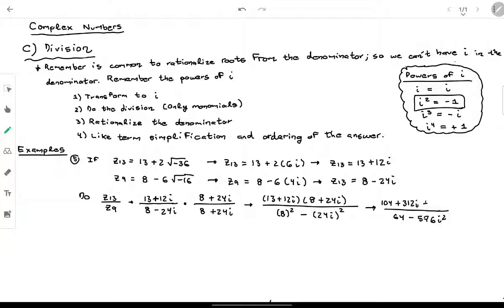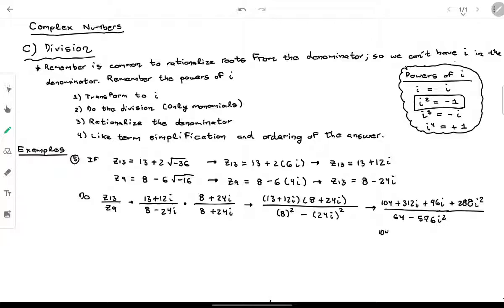Then it's going to be plus 12 times 8. 12 times 8 is going to be 96i. And finally, 24 times 12, it's going to be 288 i squared.